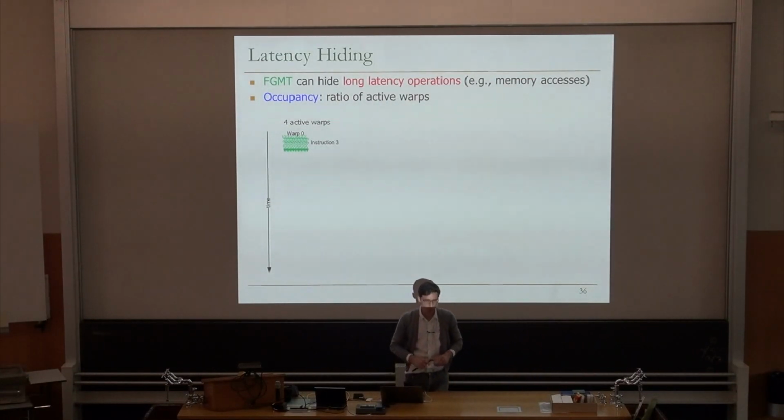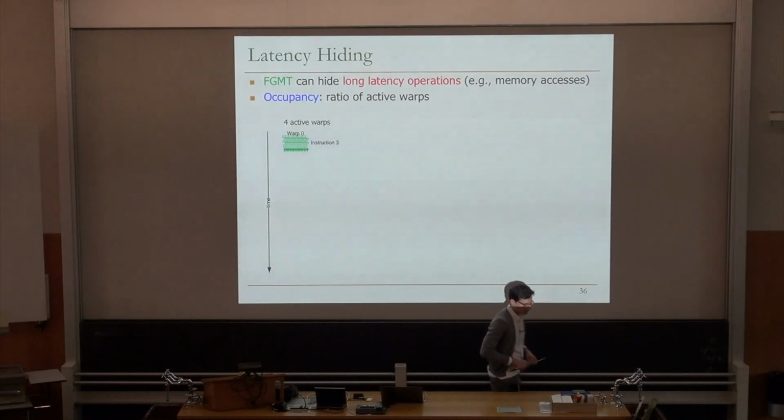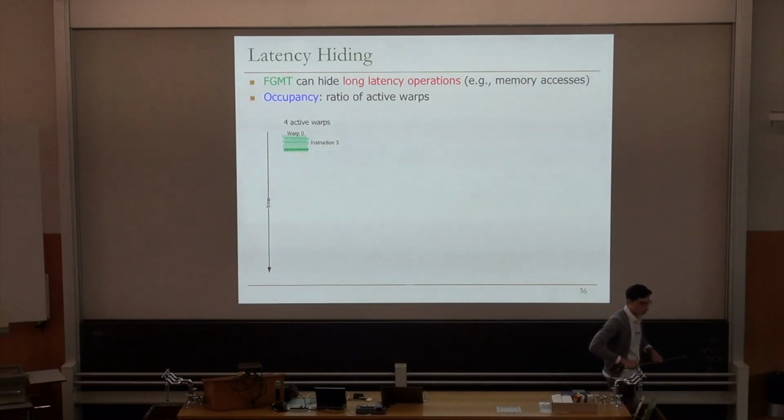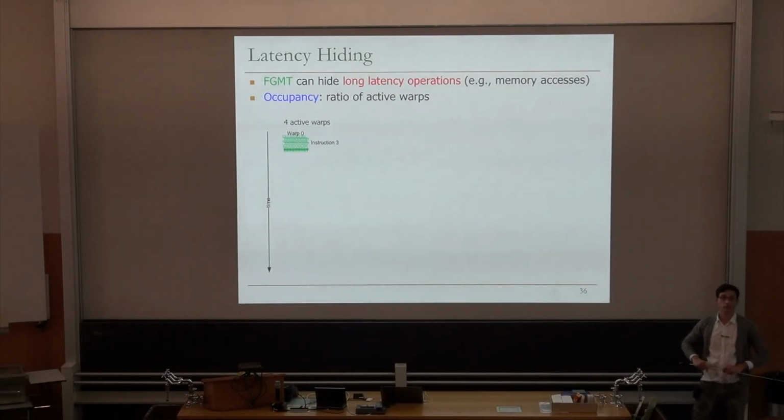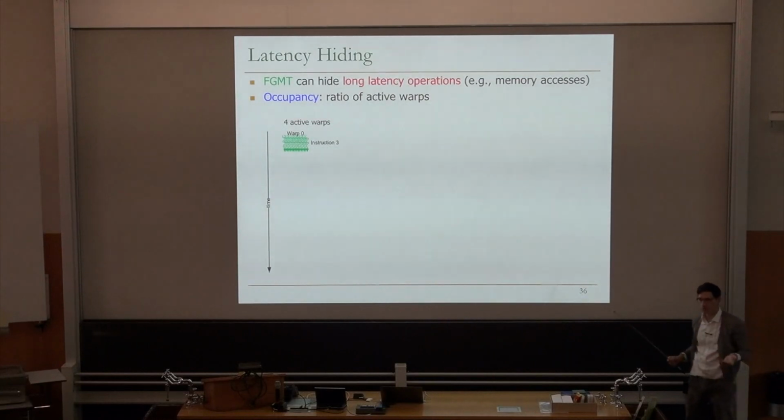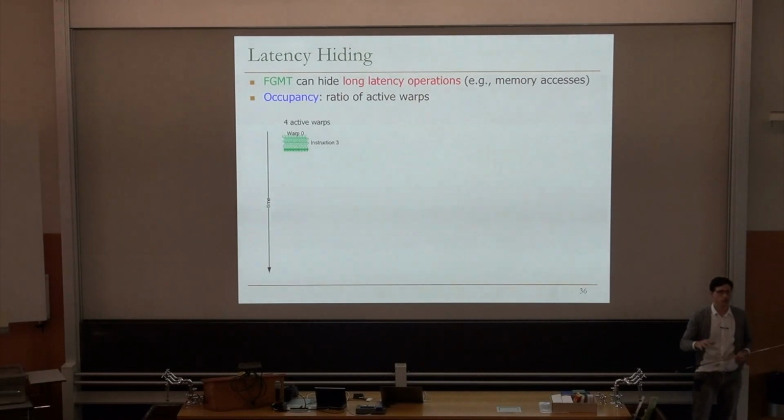And what's the occupancy? Well, the occupancy is defined as the ratio of active warps to the maximum number of warps that we can have on one of the SIMD pipelines or one of these GPU cores. As you can guess, the hardware cannot map as many warps as we want, right? There will be some limitation.